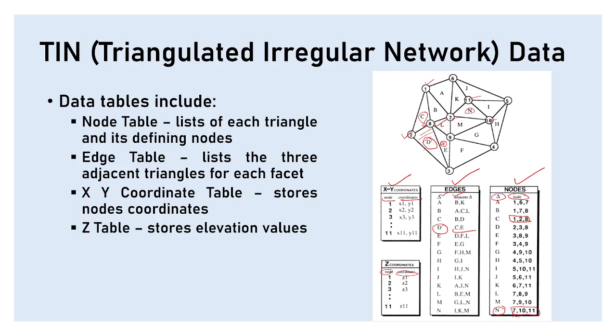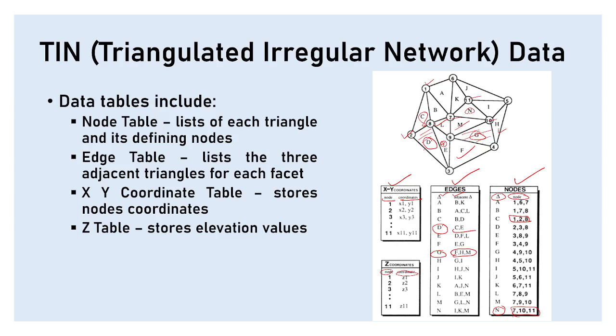But if we take a look at G, for this facet we have F, M and H. So a minimum of 2 and a maximum of 3. That is the only information that you're going to get in the edge table. Nothing more or less than that. Minimum 2 and maximum 3.